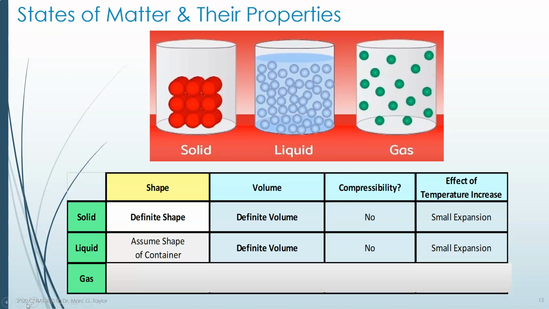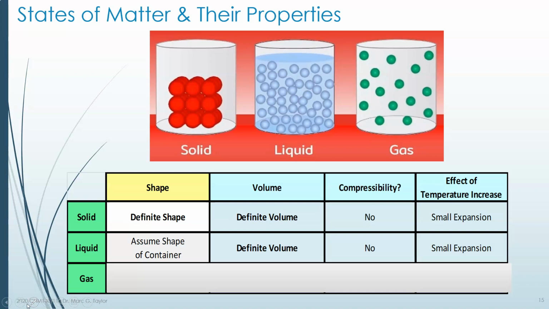Gases, on the other hand, they do not have a definite shape. They'll assume the shape of the container. If I had a container of compressed gas in an empty room, in a room under a vacuum, that gas at that moment is occupying the shape of the tank that it's in.